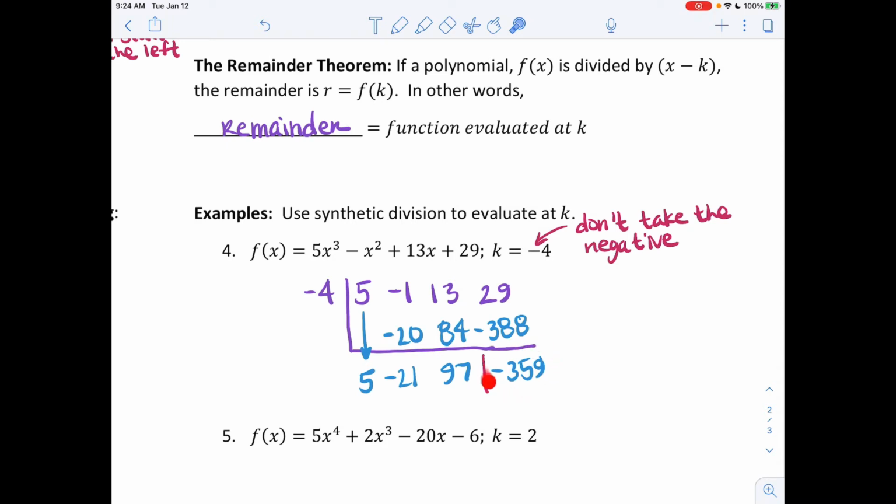And so the answer to this is -359. So this is the way that we write our answer. We say that we are evaluating our function at -4, so f of -4 is equal to -359.